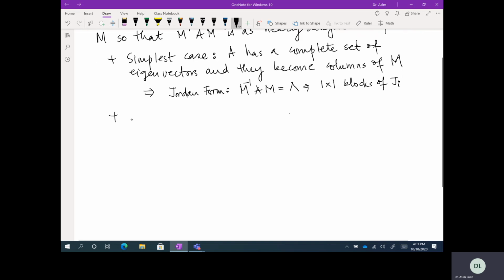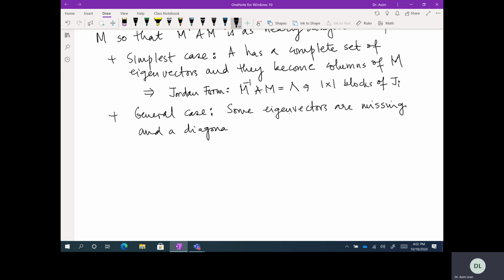In the general case, some eigenvectors are missing, and a diagonal form is impossible.